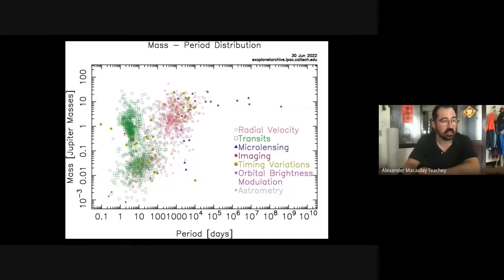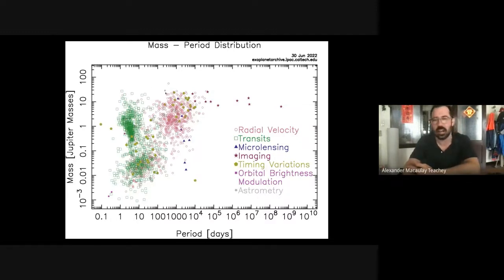It's a lot easier to see planets on short orbital periods than planets on long orbital periods. And it's also easier to see bigger or more massive planets than lower mass planets. So we've got a huge range here, almost 20, 30, 40, 50 Jupiter masses.